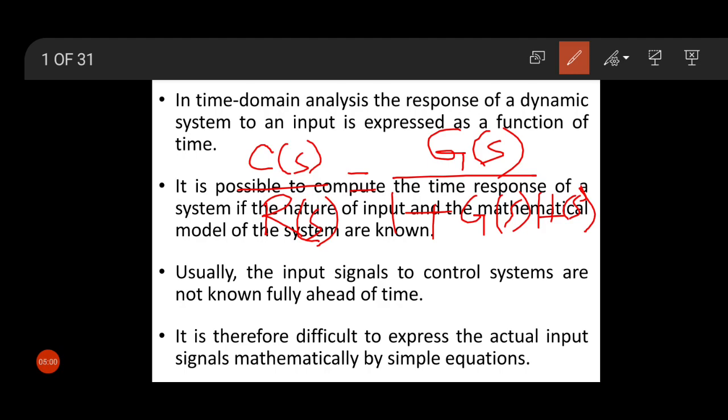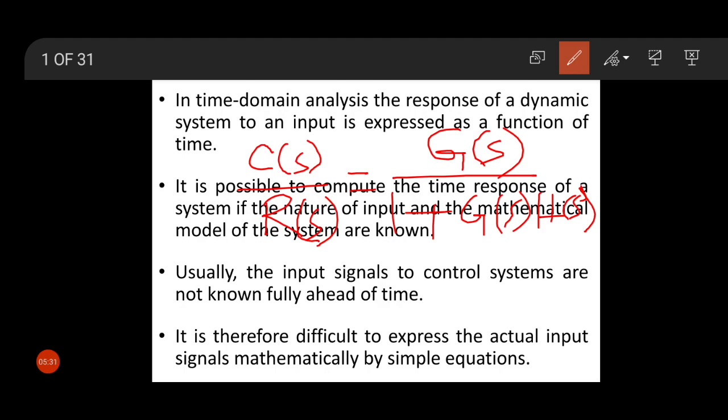That means you need to get c(t), not C(s). From the knowledge of the negative feedback closed loop control system, the transfer function is C(s) by R(s) equal to G(s) divided by 1 plus G(s) H(s).